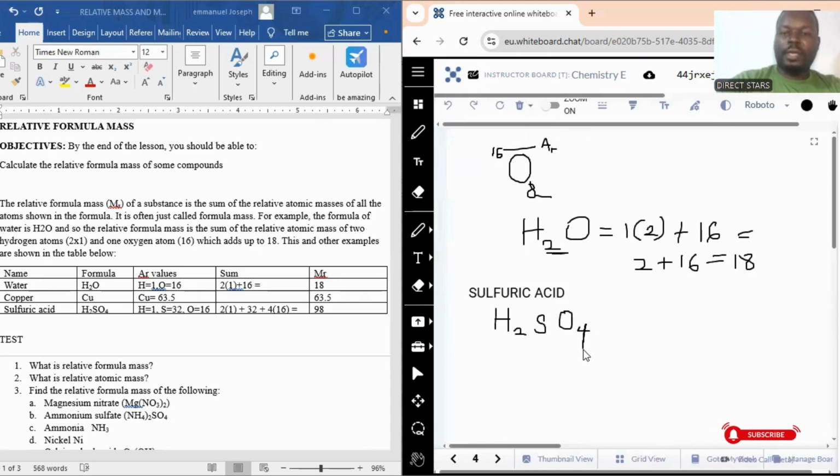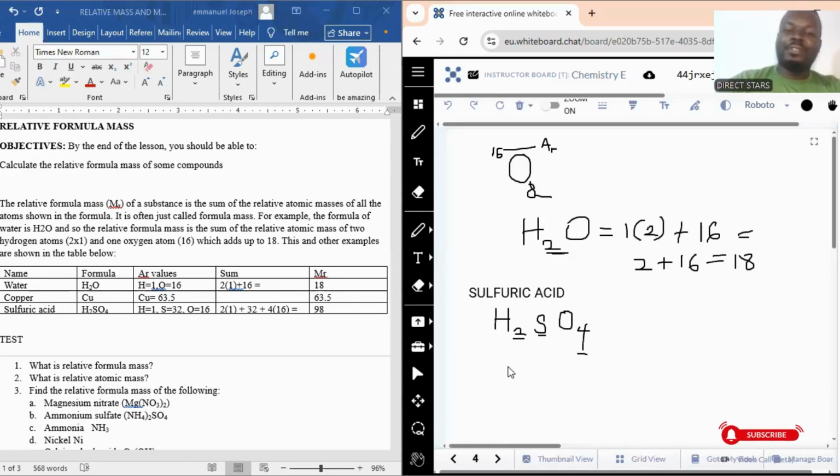The information we can get here is that we have 2 atoms of hydrogen, 1 atom of sulfur, and then 4 atoms of oxygen. So when we check their respective masses from the periodic table and sum them up, we get the formula mass.